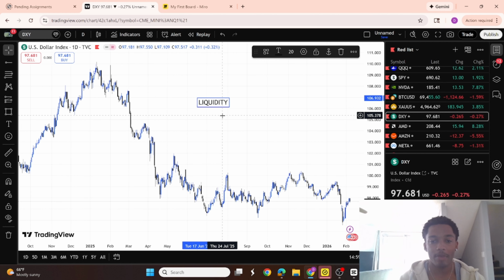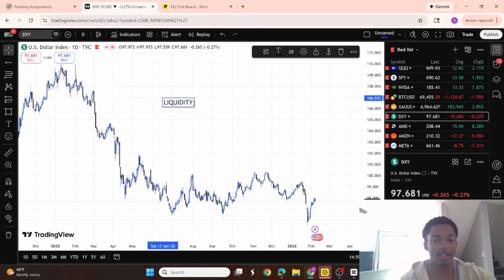So, what is liquidity? In a nutshell, they are resting orders. Now, back in the 1800s, 1900s, in the old days, the way you would get a stock was on paper. You'd get a certificate.